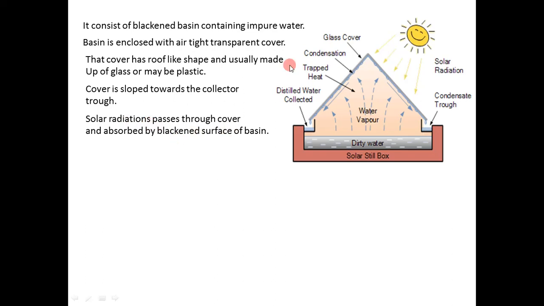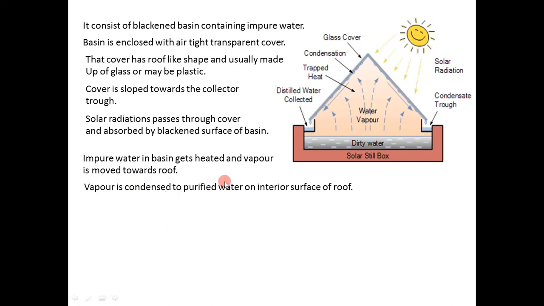Solar radiation passes through this cover and is absorbed by this basin where this dirty water or impure water is stored. This impure water now absorbs the heat from this basin and gets heated, and the vapors move towards this roof. Vapor is condensed on this glass roof to form purified water.